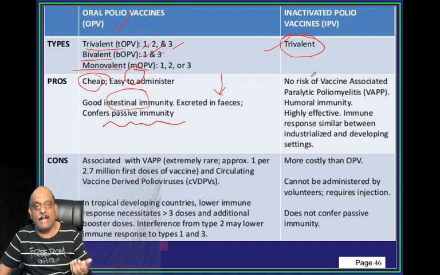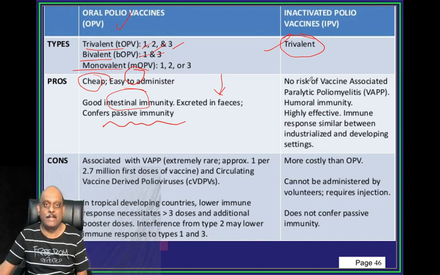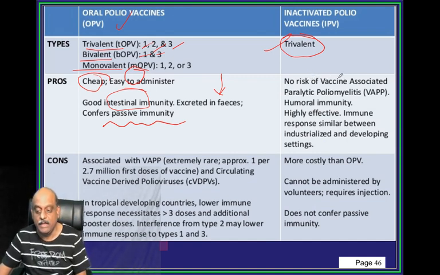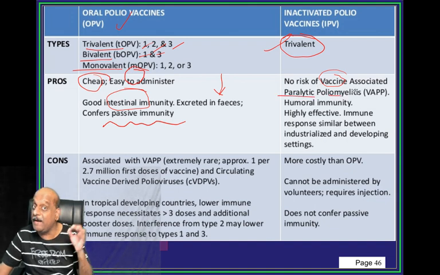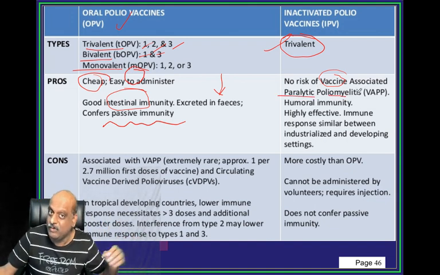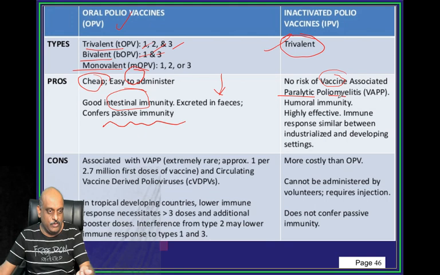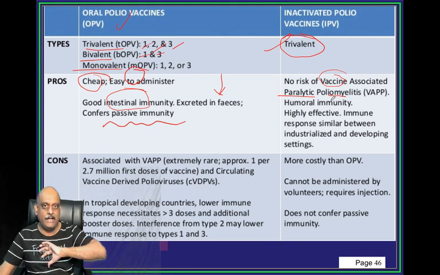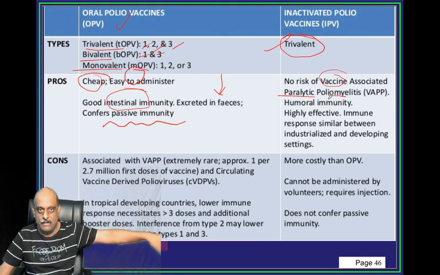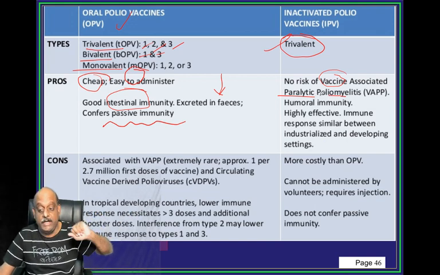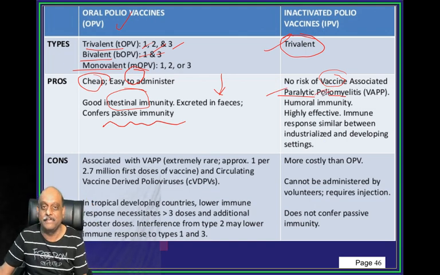Whereas for the inactivated vaccine, the main advantage is about vaccine associated paralytic polio. You hear in the newspapers that in a particular camp, babies developed the unfortunate incident of vaccine associated paralytic polio.